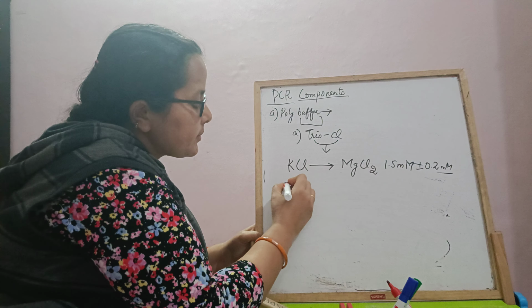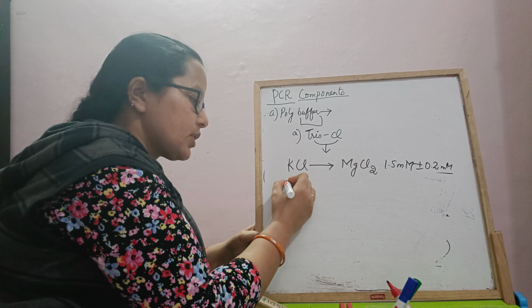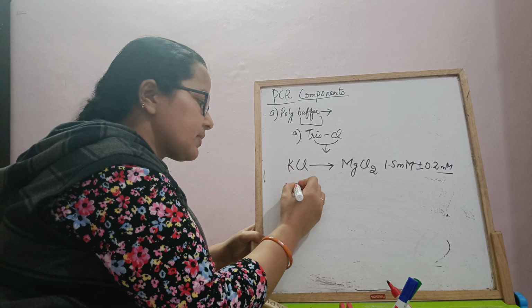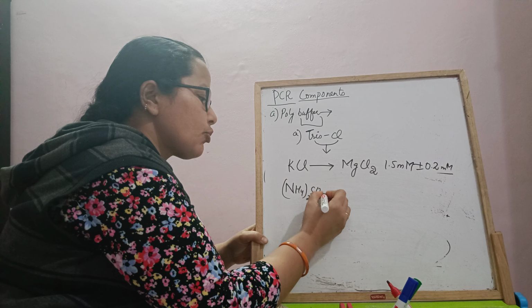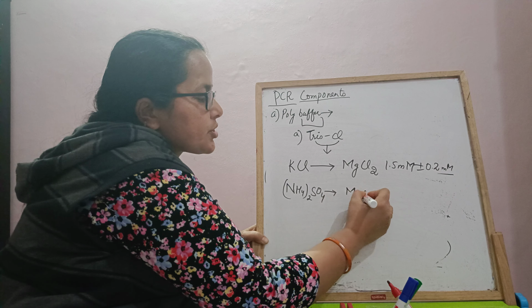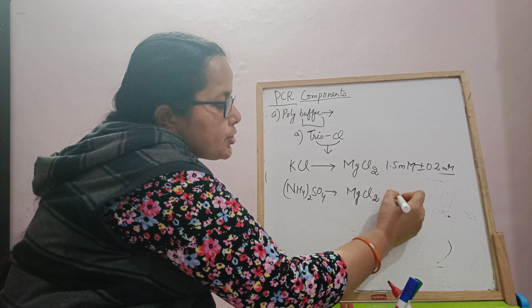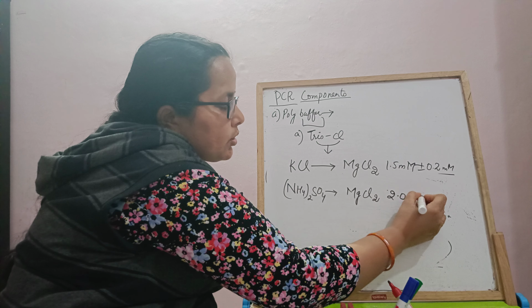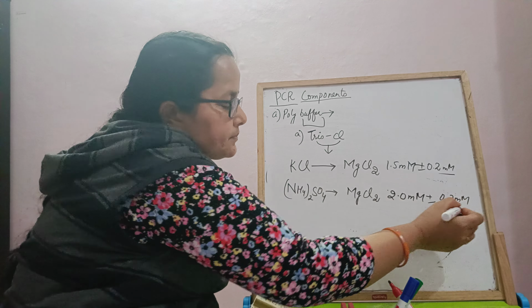But when exonuclease enzymes are used, in those buffers ammonium sulfate is present, and for ammonium sulfate containing buffers, the magnesium chloride concentration should be higher, around 2 millimolar plus or minus 0.2 millimolar.